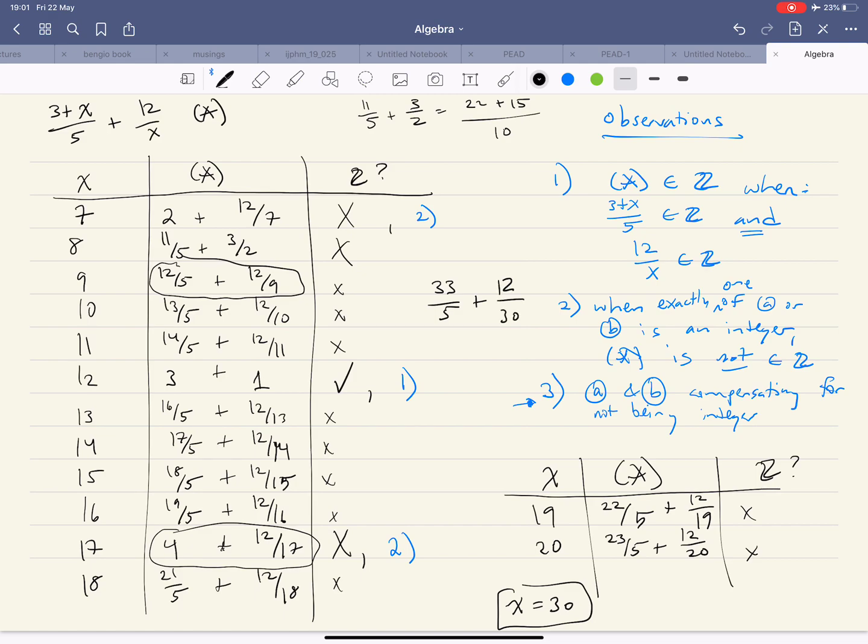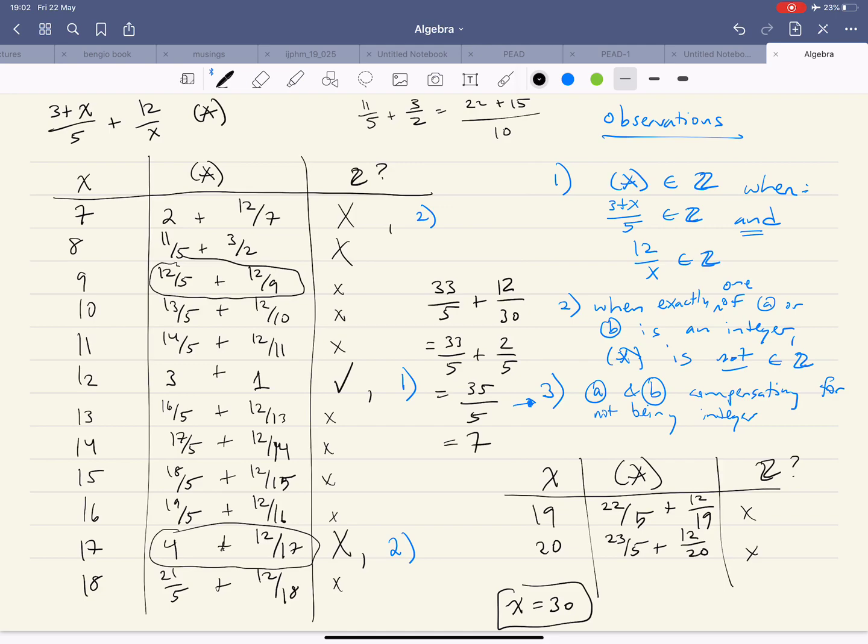And so 12 over 30 is going to be 6 over 15. Those are also both divisible by 3, right? It's 2 over 5. Plus 33 over 5 is going to be 35 over 5, which equals 7.